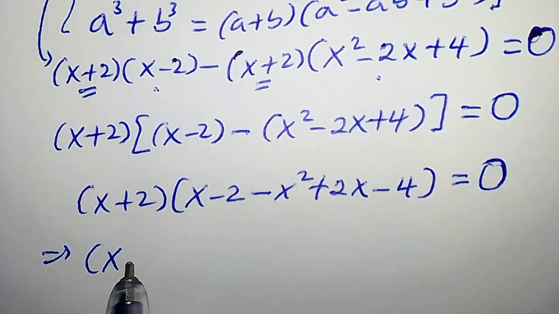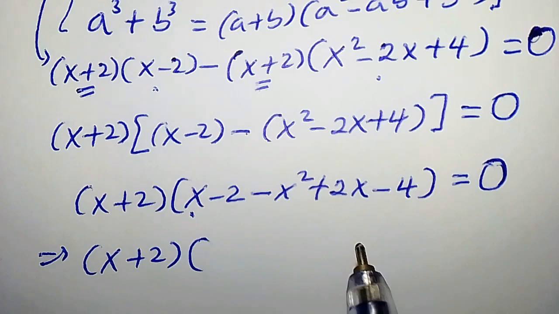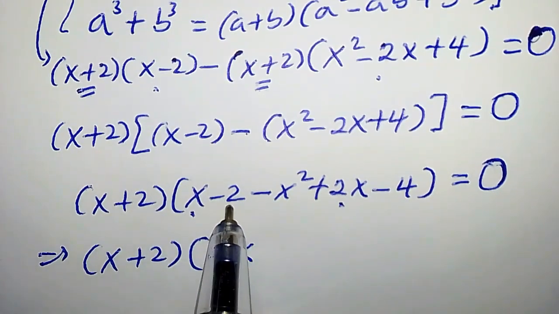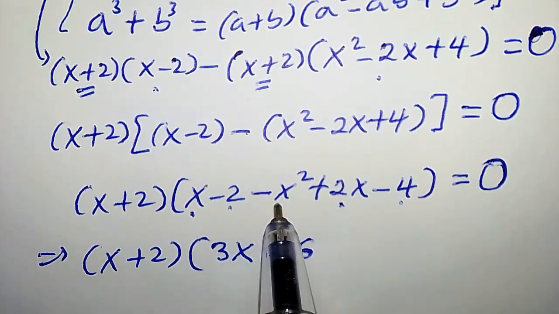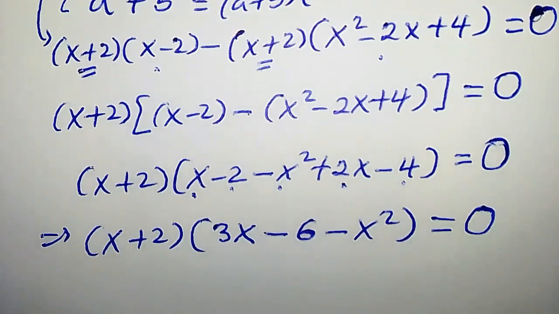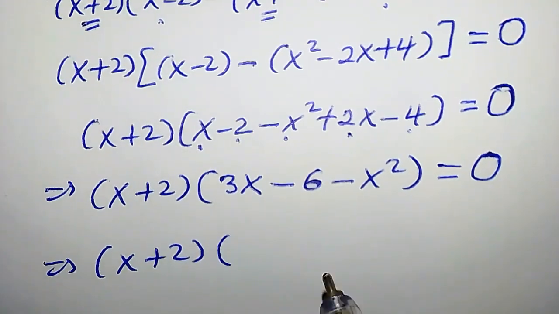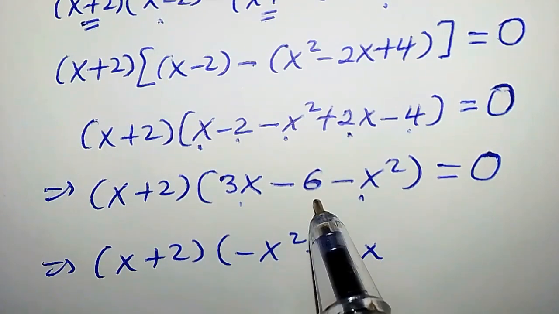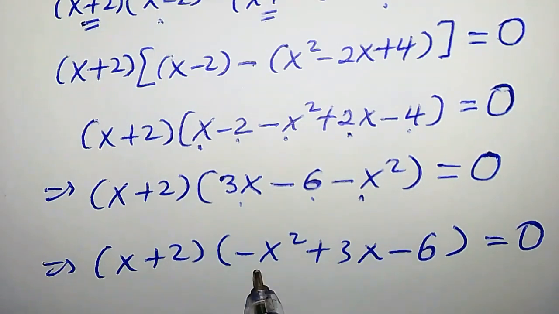So we have x plus 2 times, adding the common terms, x plus 2x, that is 3x, minus 2 minus 4, that is minus 6, and minus x squared. This equal to 0. This means that x plus 2 times minus x squared plus 3x minus 6 is equal to 0. By just rearranging this, we have this.